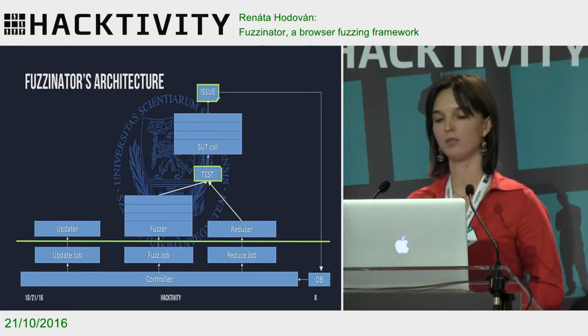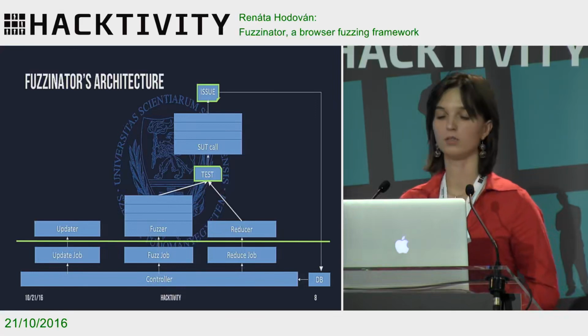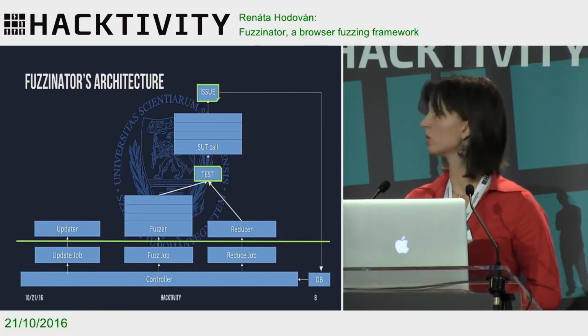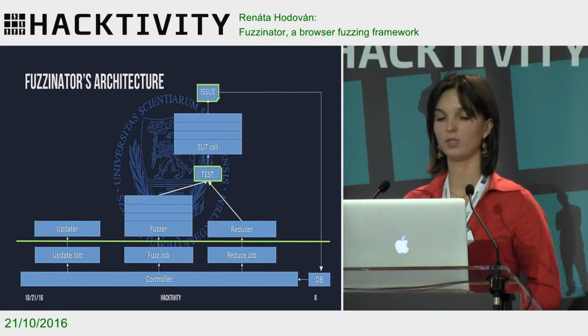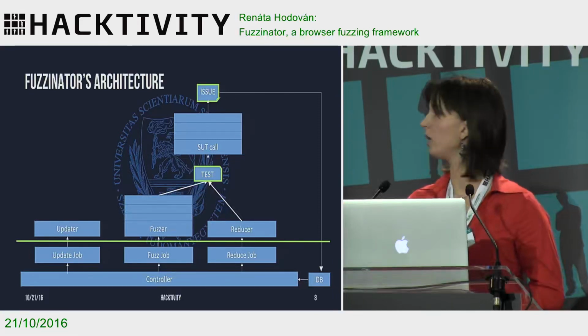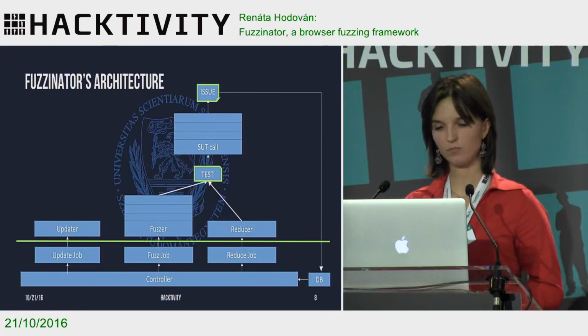These test cases will be fed to the SUT call block, which is responsible for running one target application and capturing the issues, if there were any. These issues are described by an issue dictionary, where every field describes one property of the failure.